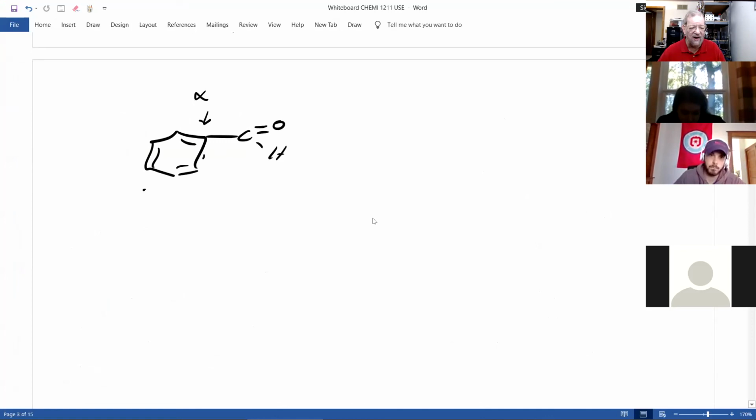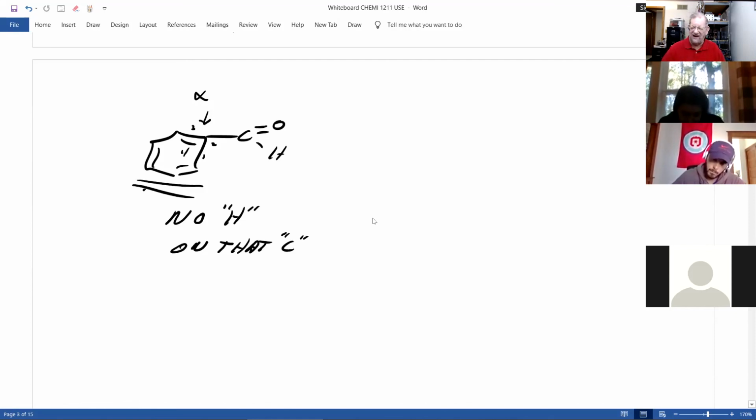It has 1, 2, 3, 4 bonds to it. So there's no hydrogen on that carbon, which means you can't form the enolate anion with benzaldehyde, which makes it very unique to do things with, which we're doing in this lab.